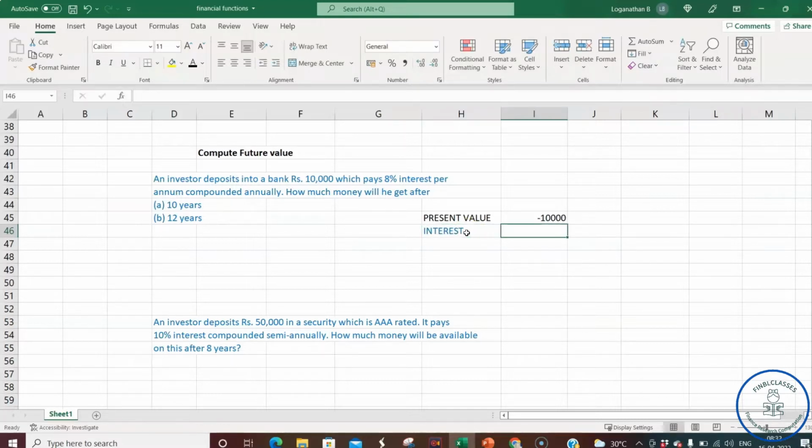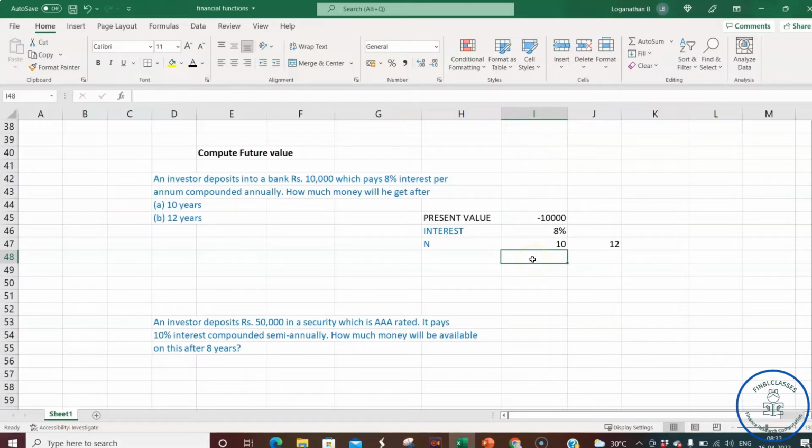Then they have given the number of years, which is nothing but n. N is for 10 years, and we'll be calculating for 12 years also. So now I place my cursor in the cell I48, where I need the result.